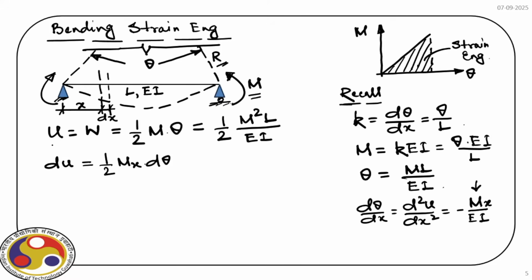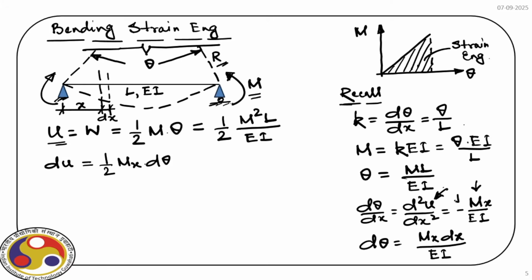Again, I draw your attention, this is capital U, which represents strain energy. Sometimes strain energy density we represent using small u, but in the previous week we used this small u for the displacement field. Okay, now we have d theta is equal to Mx dx divided by EI.